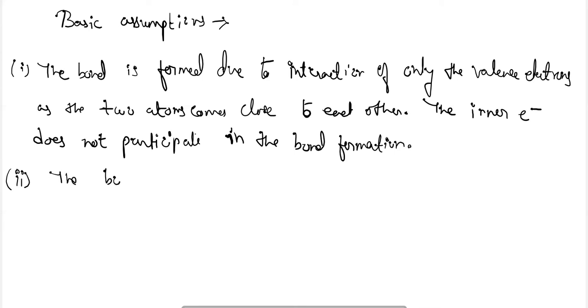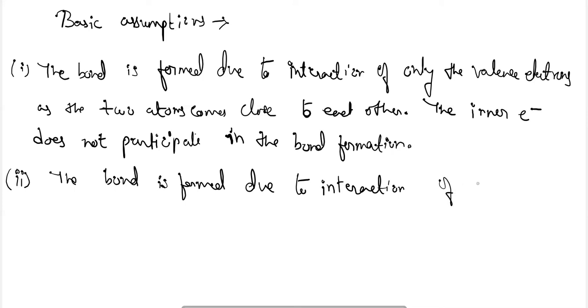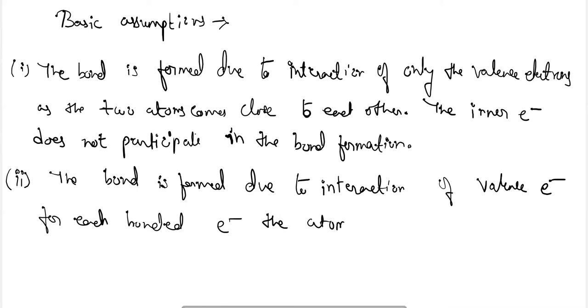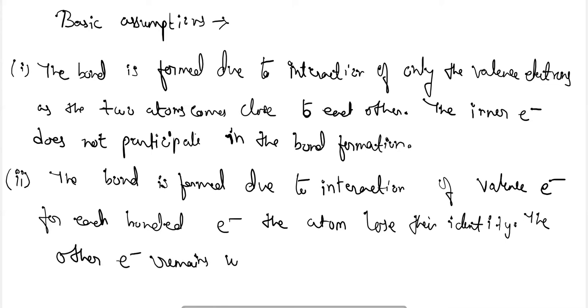Next, the bond is formed due to interaction of valence electrons, and for each bonded electron, the atoms lose their identity, while the other electrons remain unaffected.